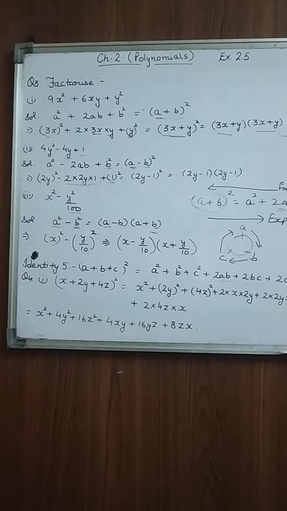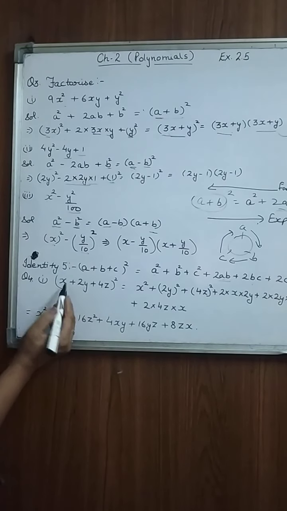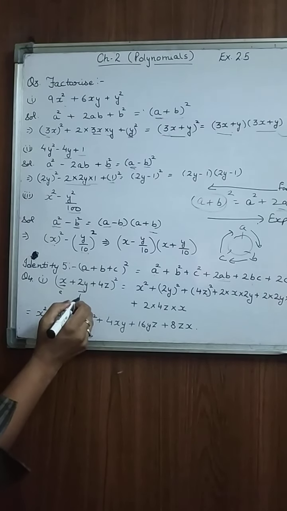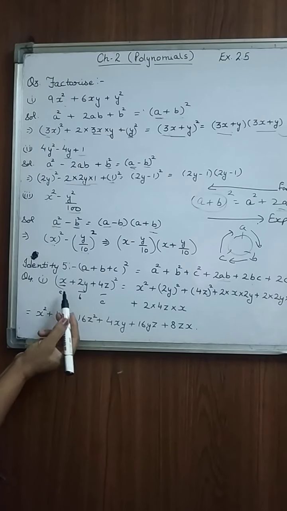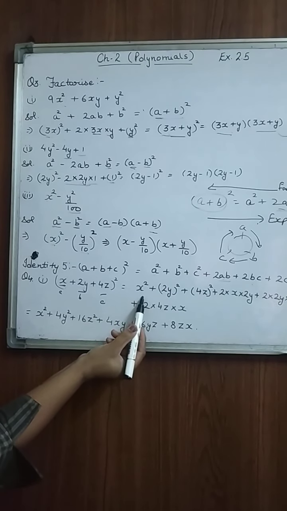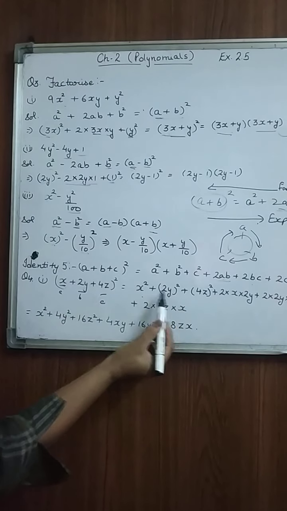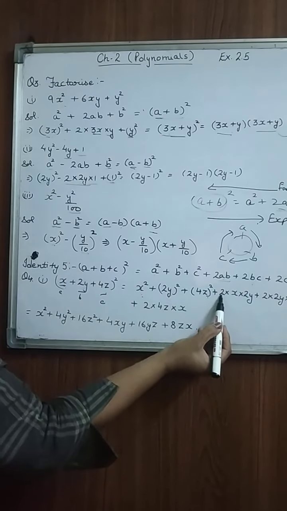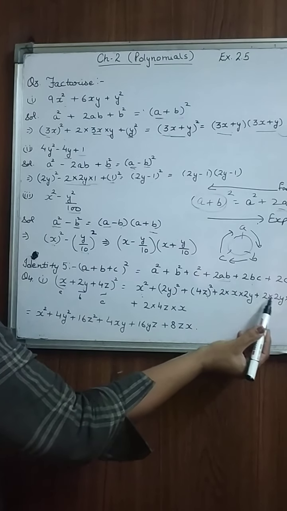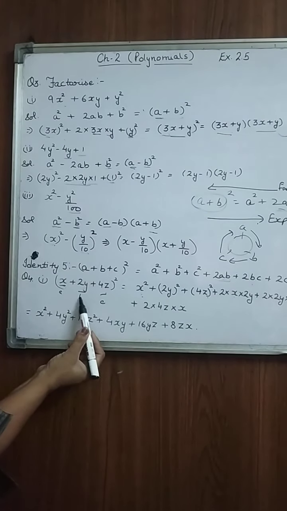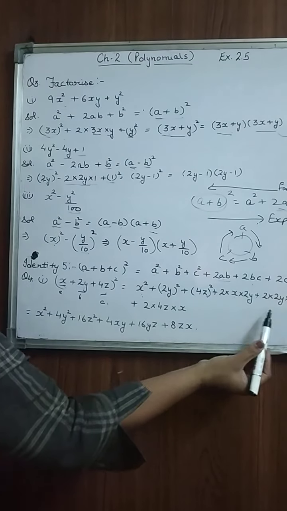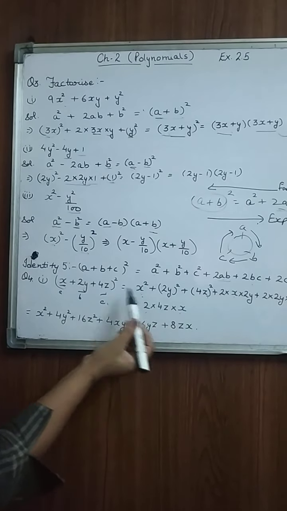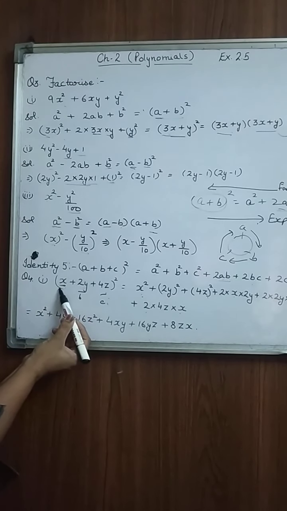Let's come to the fourth question, first part. (x + 2y + 4z) whole square is equal to, this is your a, this is your b, and this is your c. So a square means x square, then 2y square, plus 4z square. Now 2ab is 2 into x into 2y. 2bc means 2 into 2y into 4z. 2ca means 2 into 4z into x.